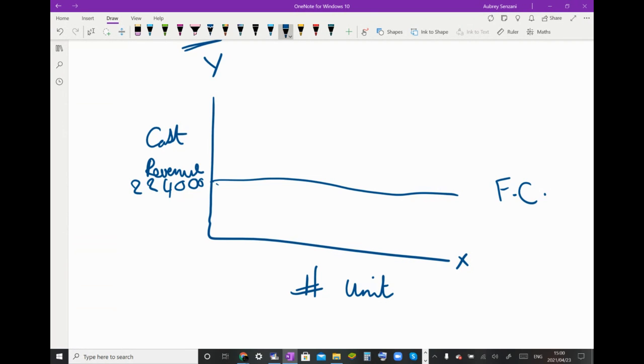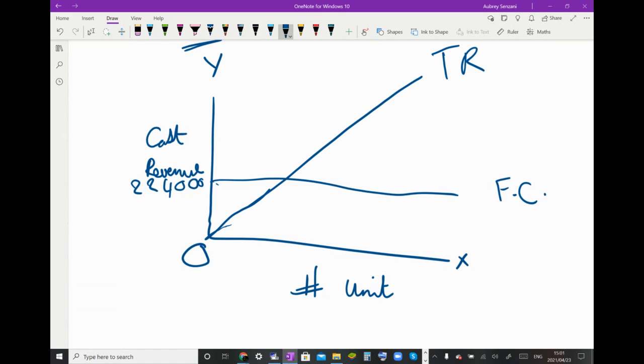So you're going to have a total revenue line, starting from 0. If we produce 0 units, therefore we don't sell anything, then we're going to get 0 revenue. Does that make sense?